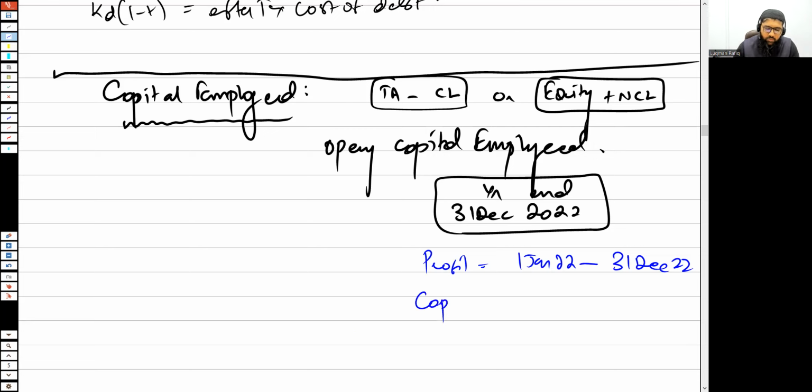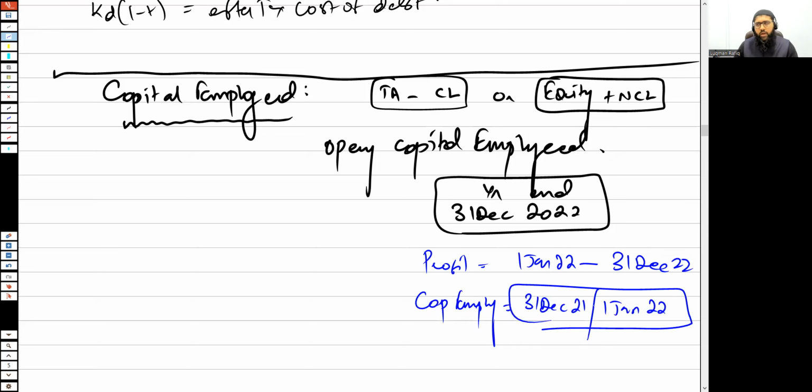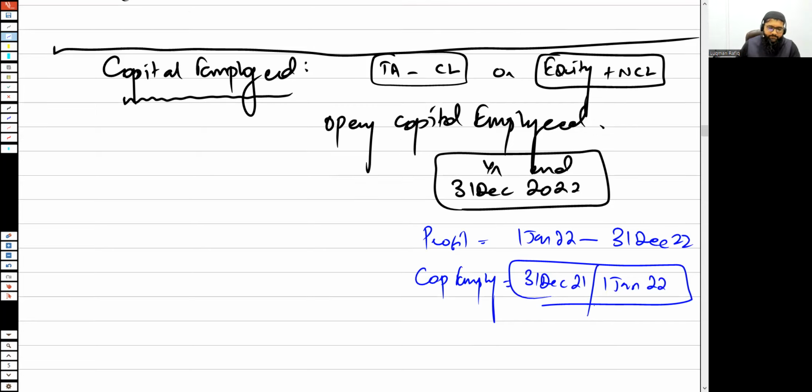But the capital employed that you are going to use is as at 31st December 21, which we also say 1st January 22. You get my point? It's the opening capital employed that you're going to use.